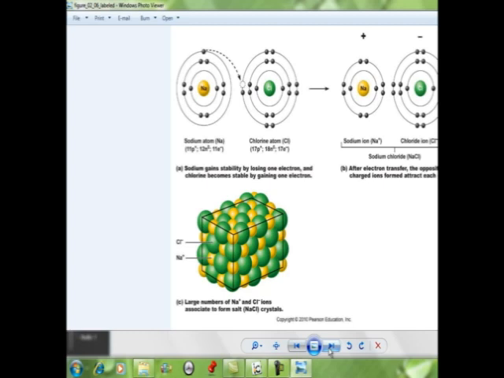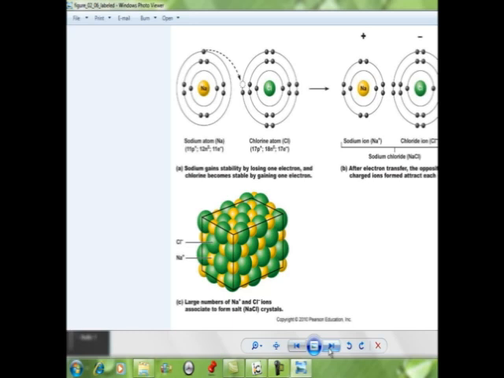The other factor to reactivity is proximity. So if I put a sodium way over in that corner and a chlorine way over in this corner, even though they're very highly attracted to each other, is anything going to happen? No. So they also have to get close enough to each other to react with each other.